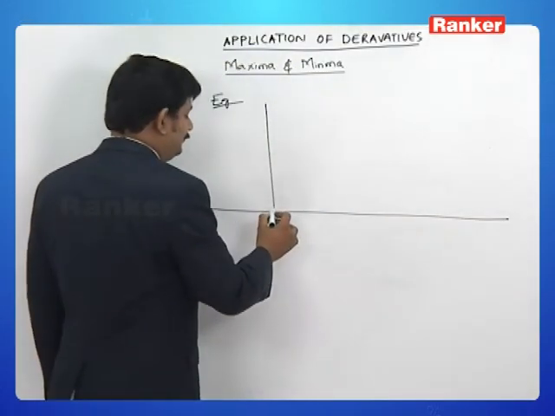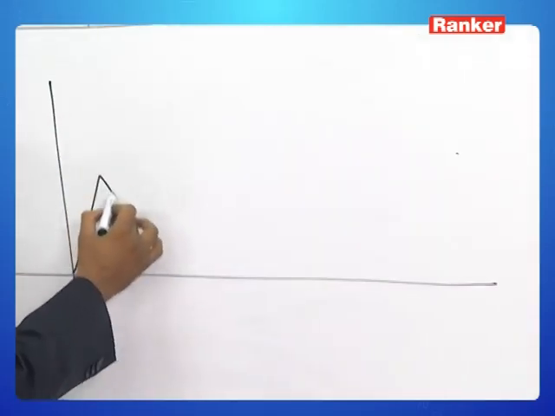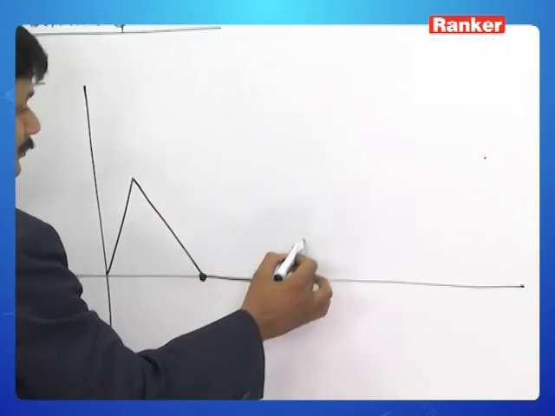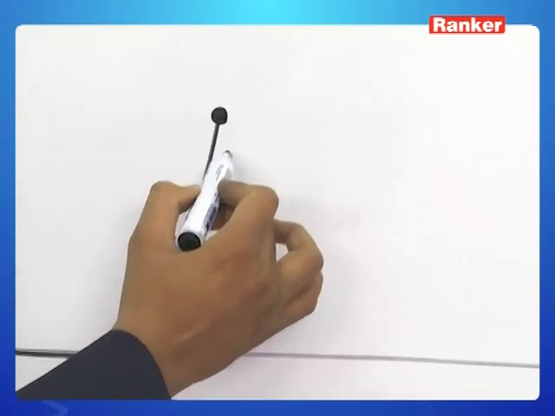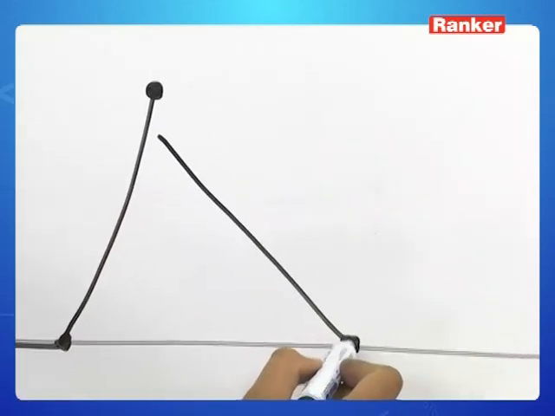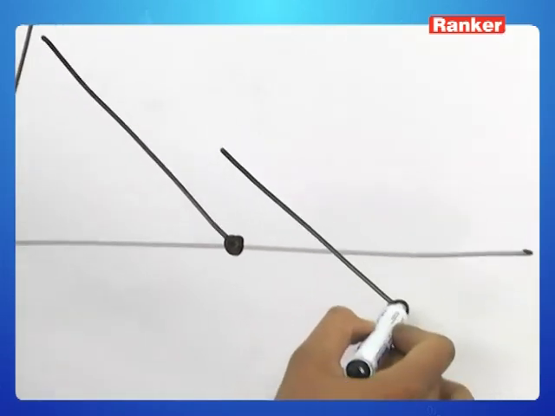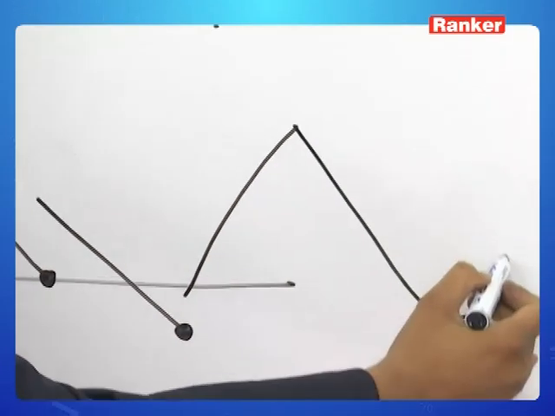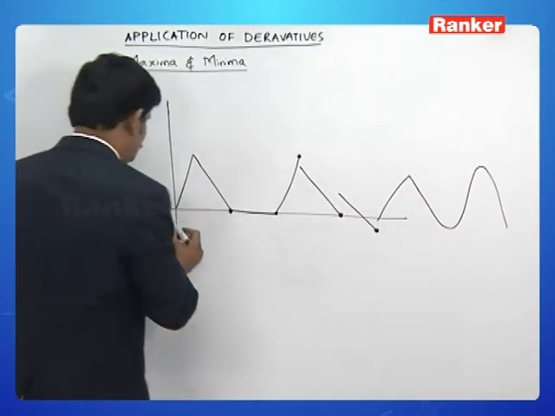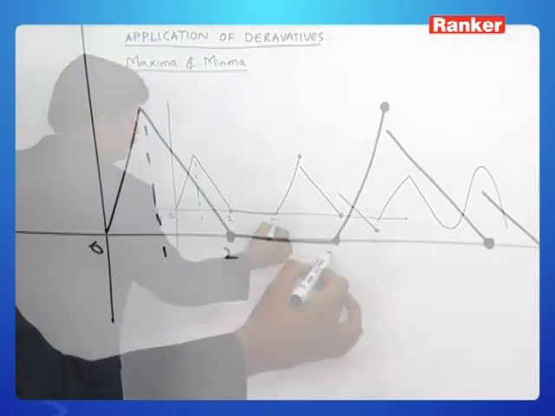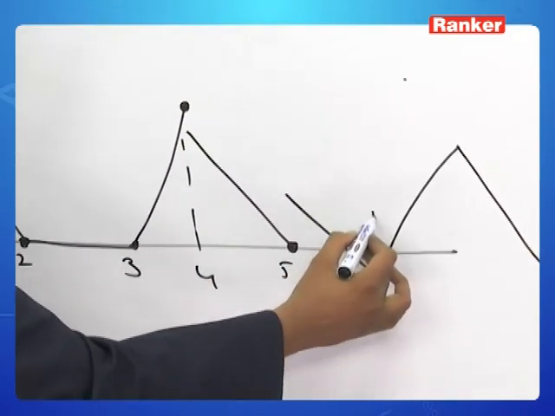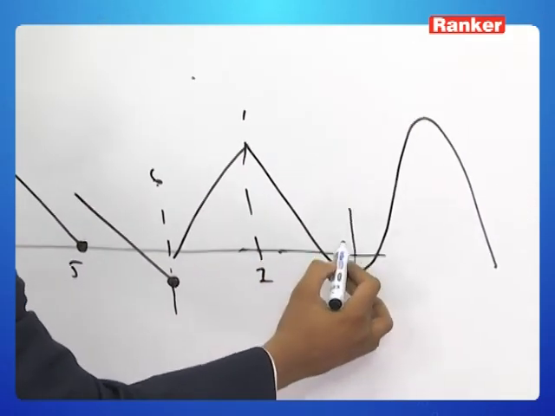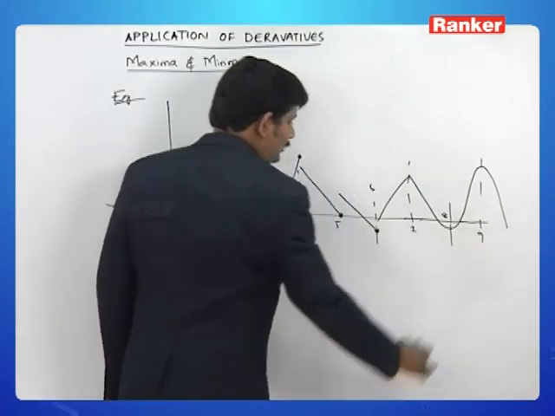Let's say I have a graph stretching from 1... let's say this is 0, 1, 2, 3, 4, 5, 6, 7, 8, 9.